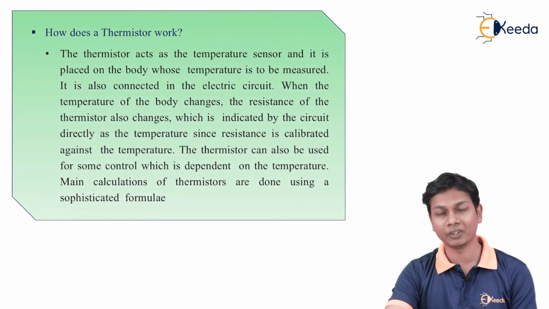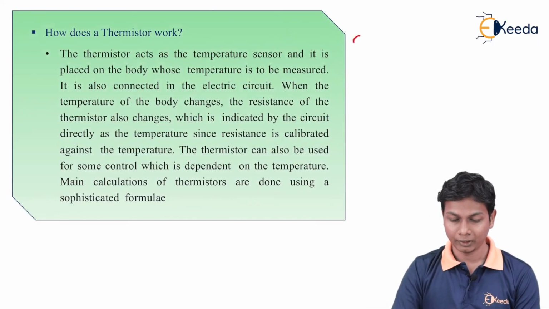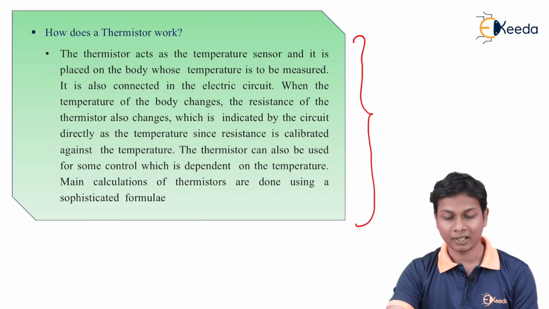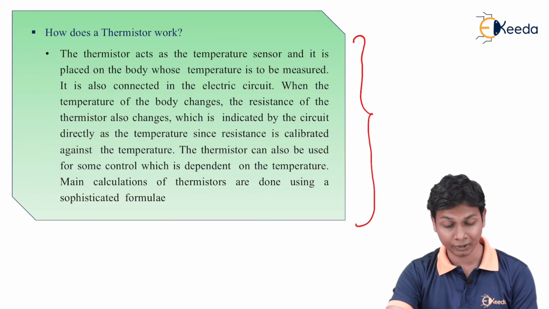Now, how does a thermistor work? Here is the principle of the thermistor. The temperature sensor is placed in a body whose temperature has to be measured, and it is also connected in an electrical circuit.